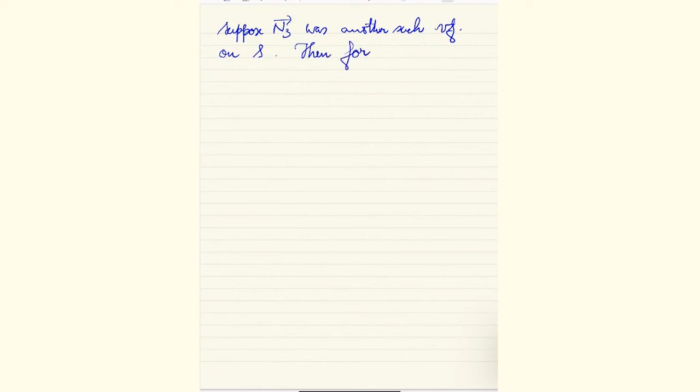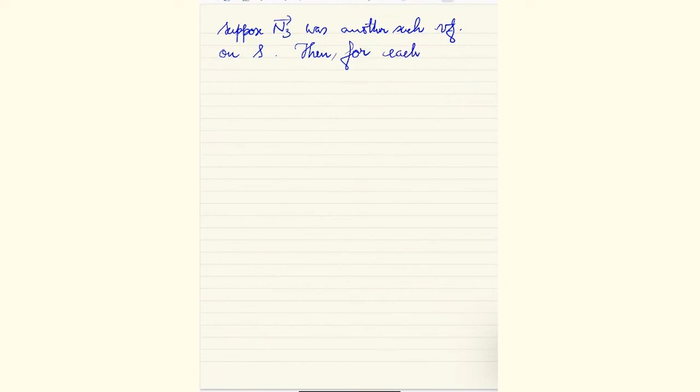Suppose there was another such vector field n3 on S. Then there's only one dimension available, right?